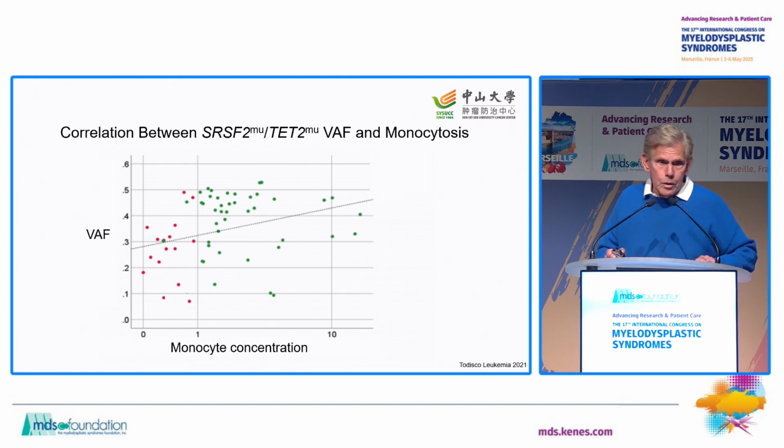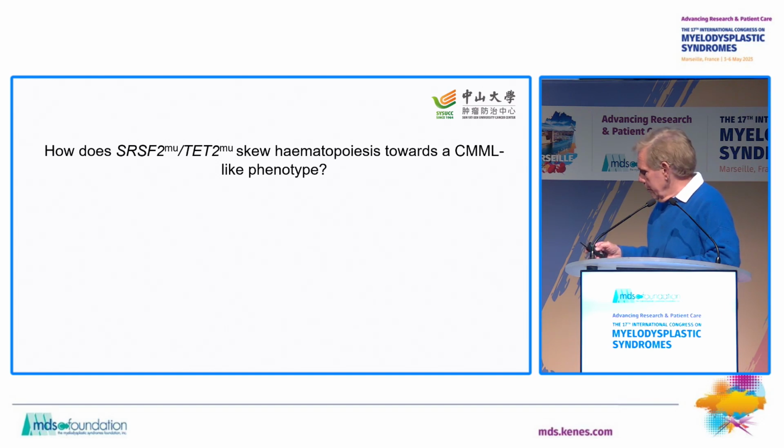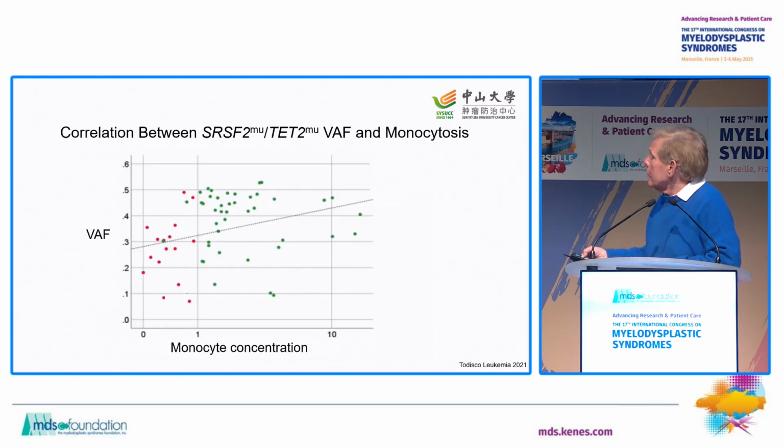So this is just one example of many where you can see the variant allele frequency. These are SRSF2 mutated, TET2 mutated variant allele frequency and monocytosis. And you can see this very nice correlation. The red dots represent patients with myelodysplastic neoplasm, and the green dots are myeloproliferative neoplasm.